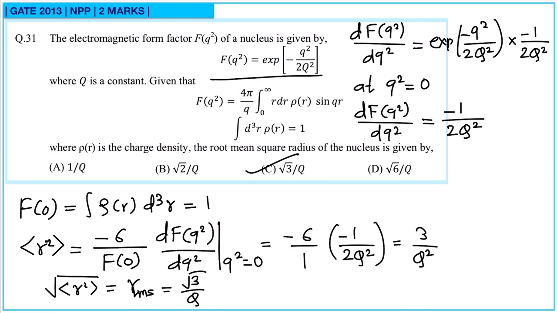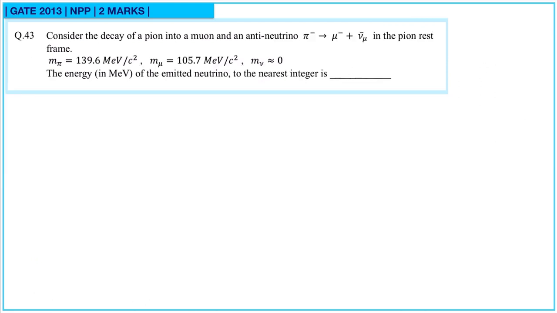Next question, 43. Consider the decay of a pion into a muon and an antineutrino. So in the pion rest frame, this pion is at rest, and it is then emitting two particles, muon and muon neutrino, and masses are given.